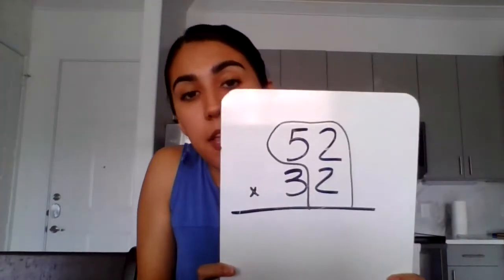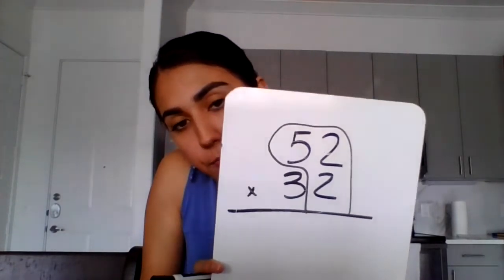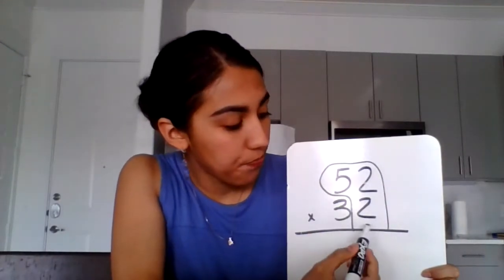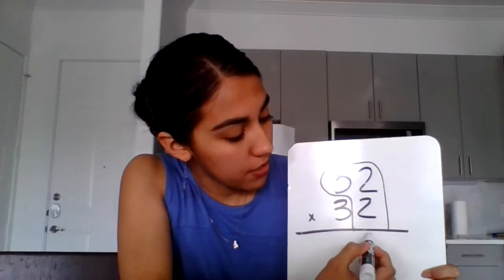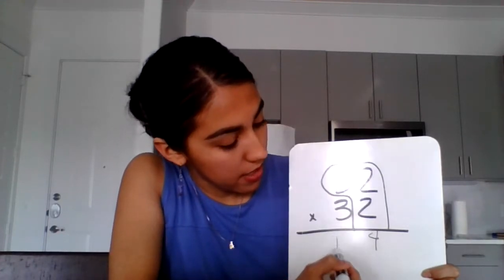So let's get started. The first column, they want us to multiply 52 times 32. 52 times 32. We start in the smallest place value and we start multiplying. 2 times 2 equals 4 and 2 times 5 is 10.